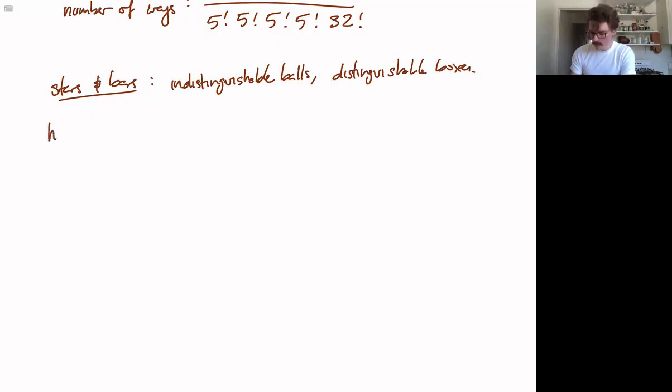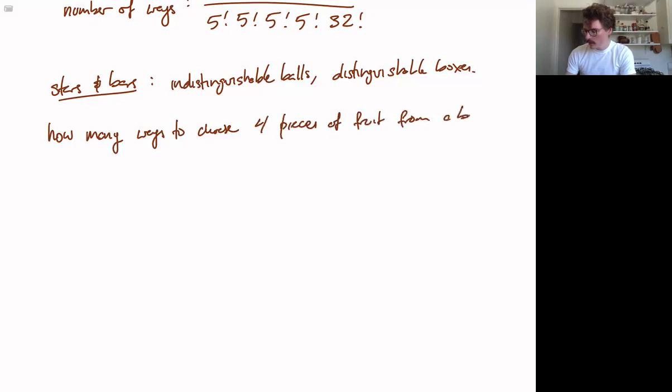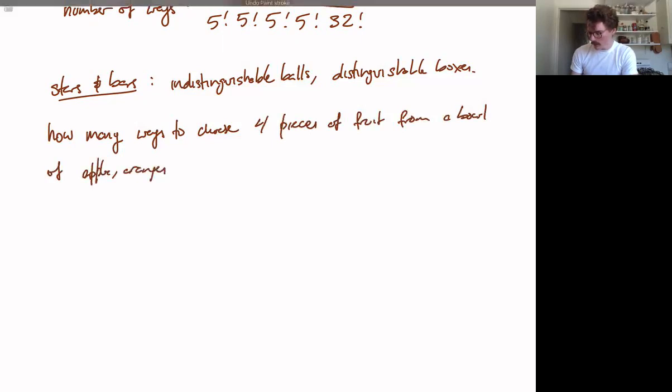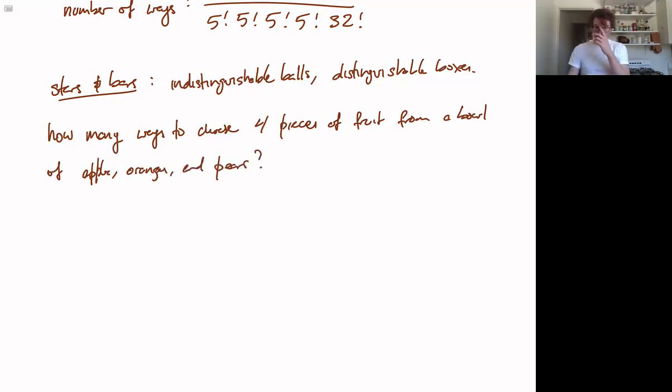So, for example, how many ways are there to choose 4 pieces of fruit from a bowl containing apples? Let me rewrite that. That is supposed to say oranges and pears. So the point is that we are considering all of the apples to be basically the same. We don't care which apples we're taking, but we do care how many apples we're taking versus how many oranges and how many pears.